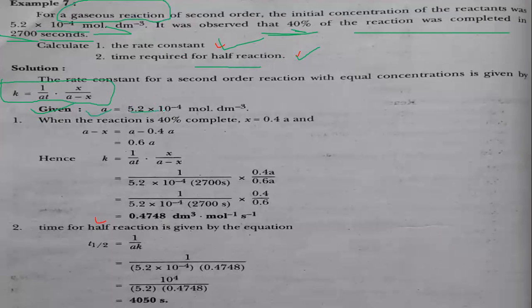So A minus x is equal to A minus 0.4A, as the reaction is 40% complete, so the value of x is 0.4A. So A minus 0.4A will become equal to 0.6A. Now using the above equation, put the values here.